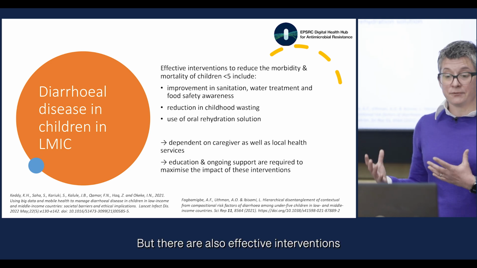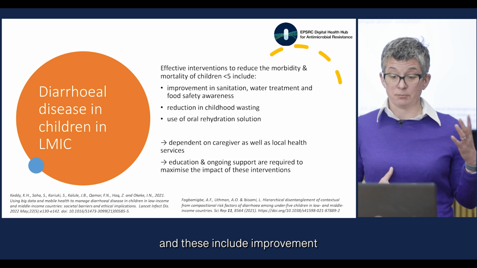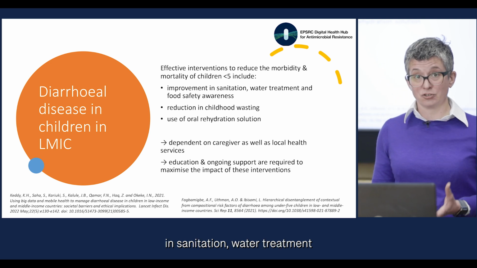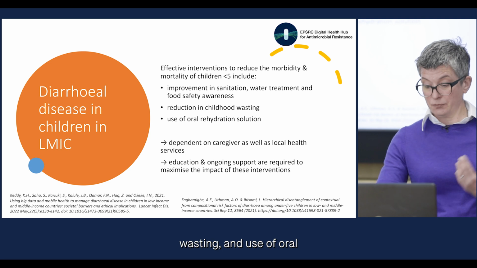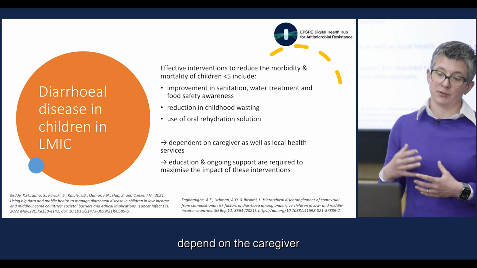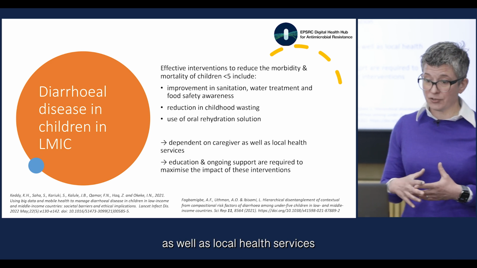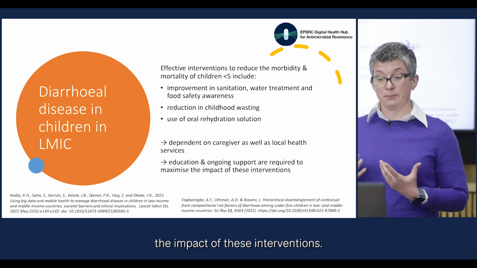But there are effective interventions that can reduce the morbidity and mortality of children under 5, and these include improvement in sanitation, water treatment, and food safety awareness, and reduction in childhood wasting and use of oral rehydration solutions. These interventions very much depend on the caregiver, as well as local health services, and education and ongoing support are required to maximise their impact.